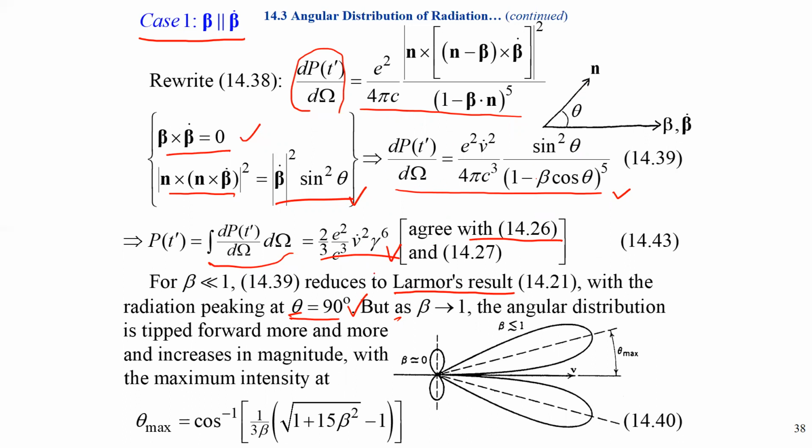So obviously the power will concentrate at the forward directions with the maximum intensity. The maximum intensity at here. That's relatively easy. You can derive it by yourself. Otherwise, it might appear in your final exam.